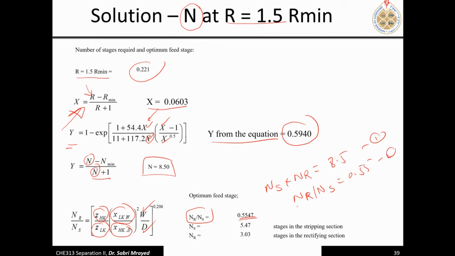You'll be able to find out the number of stages in the top section and the number of stages in the bottom section. Okay. And of course, the summation should be 8.5 if you add these together.